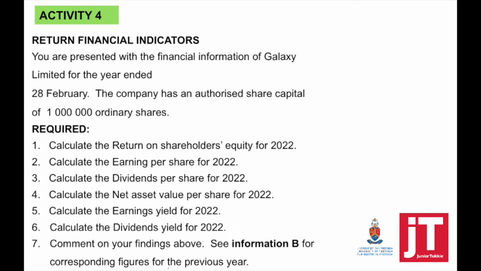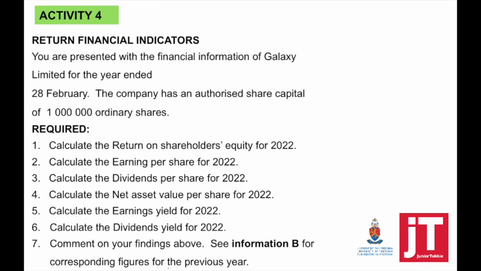Activity 4. You are presented with the financial information of Galaxy Limited for the year ended 28 February. The company has an authorized share capital of 1 million ordinary shares. So authorized means the maximum.